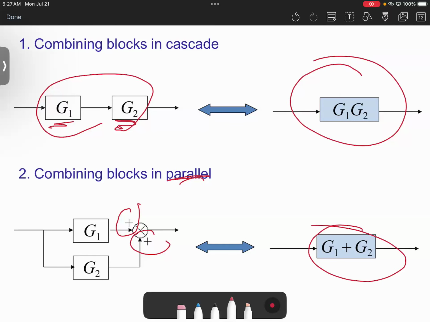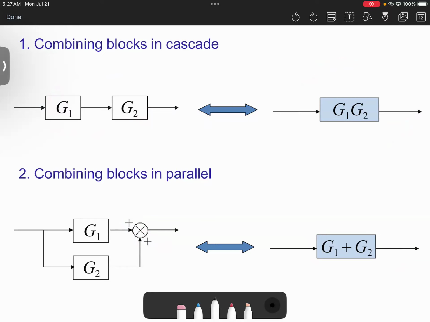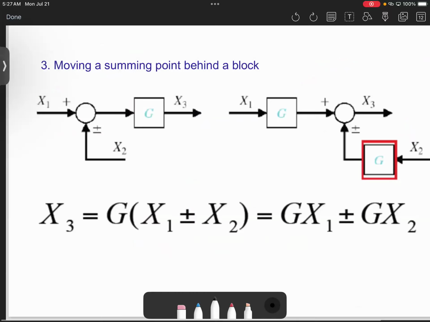If there is any subtraction sign for some reason, let's assume this one is negative, not positive, therefore it will be G1 minus G2. Okay? That's all. So it's already well known, but we would like to make it as a rule. Let's try to make them as some governing rule, then we'll try to simplify it and apply this in examples. I mean, you're already aware of this, but we will do it step by step.